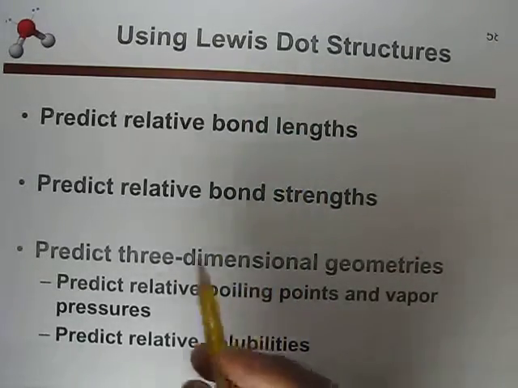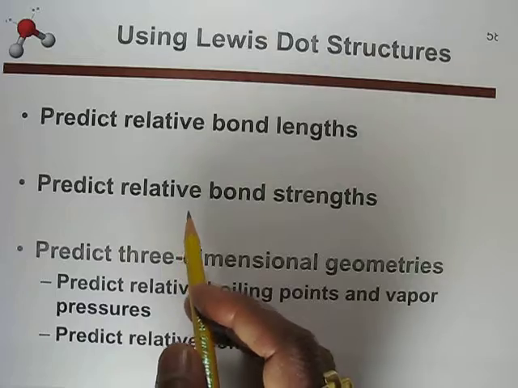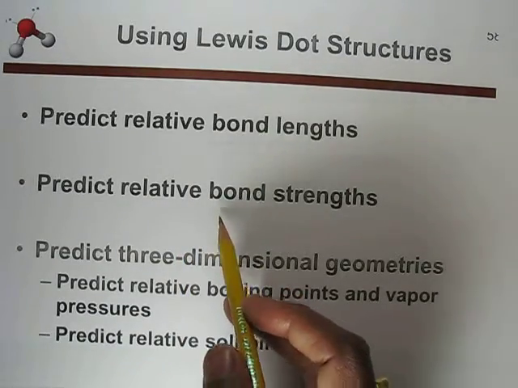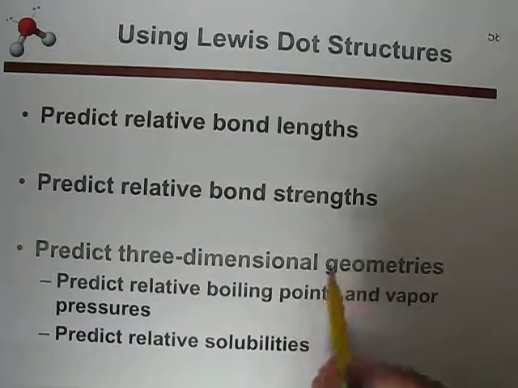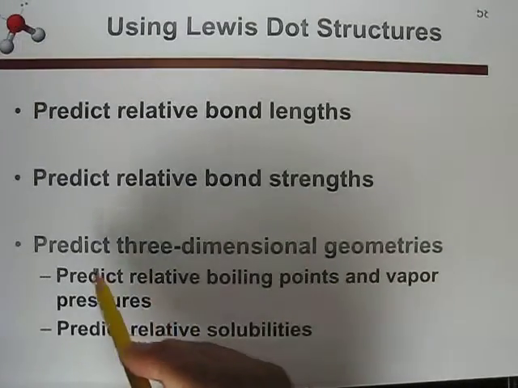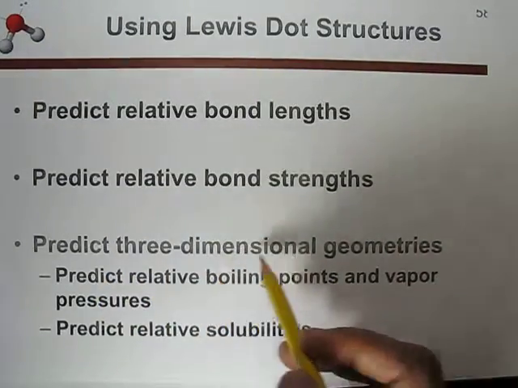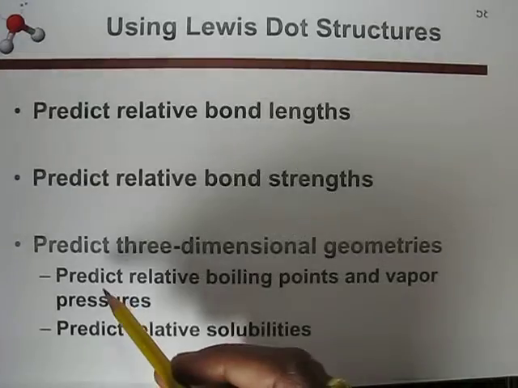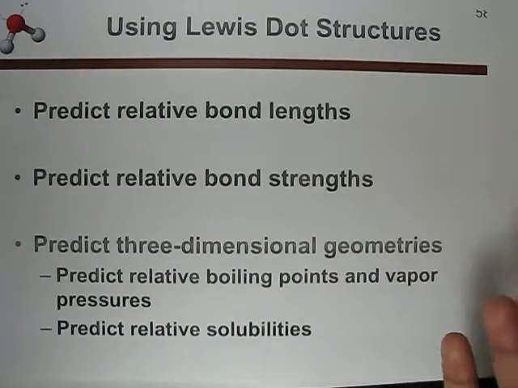Number 2 is to predict the bond strength, how strong these bonds are. And number 3, it predicts the three-dimensional geometry, how the atoms are arranged.